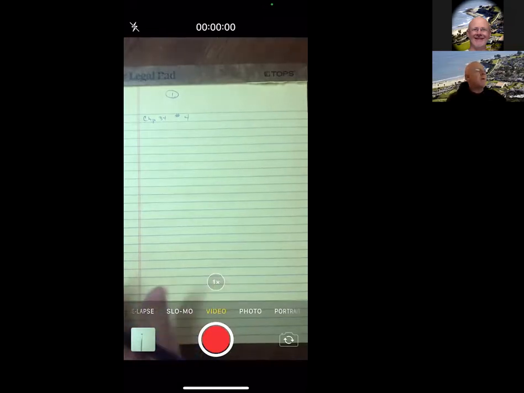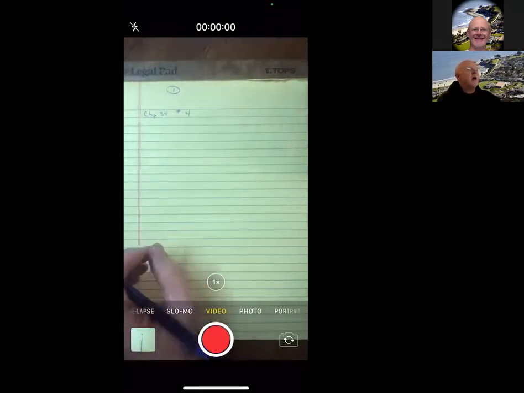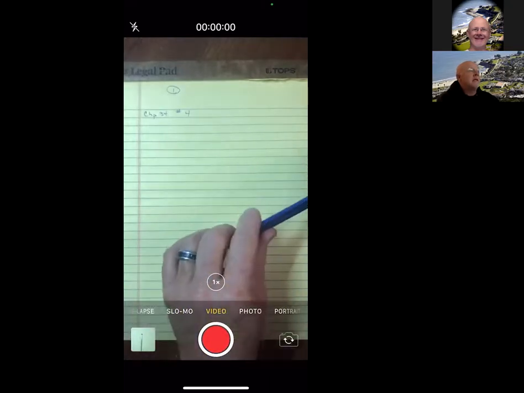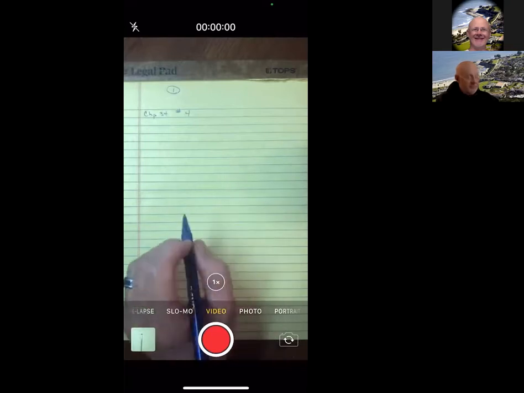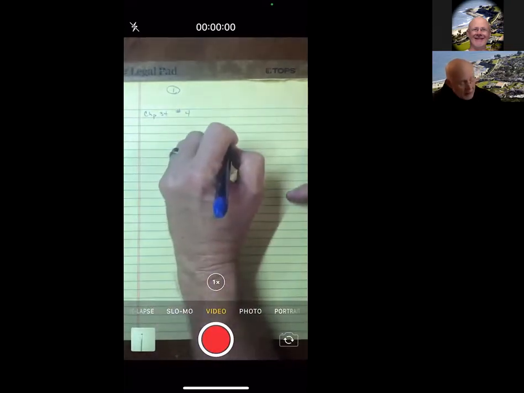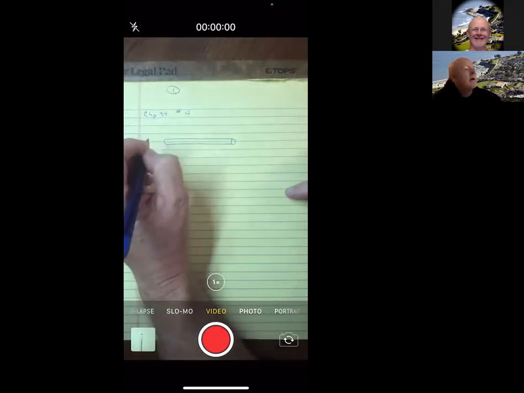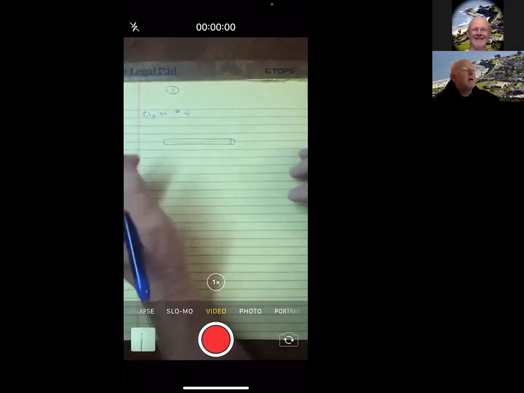So number 4 says, a very long, thin rod carries an electrical charge with a linear charge density of 35.0 nanocoulombs per meter. So I'm going to make a long and skinny rod, as they said, a very long and thin rod.